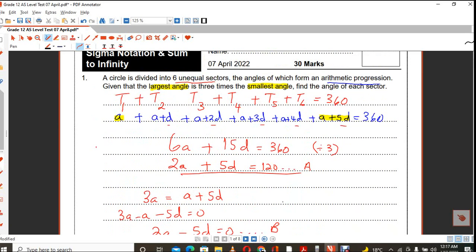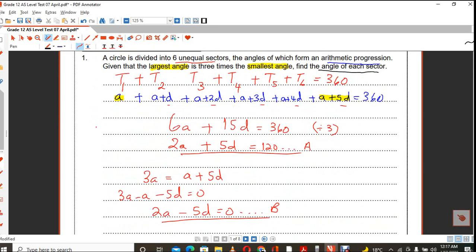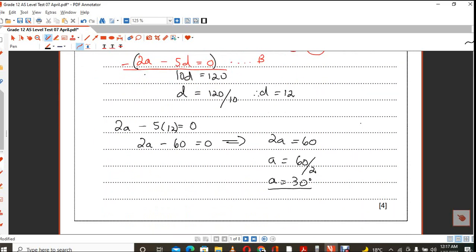Now the question wants us to find the angle of each sector. The first one will be 30 degrees. If you add the 12 there, then you're going to get the next one.